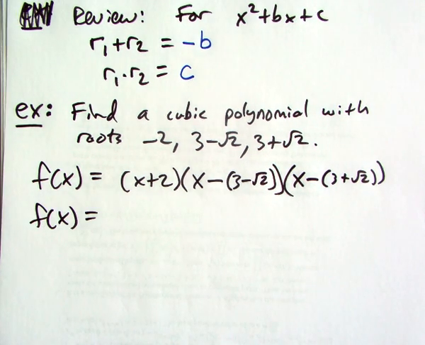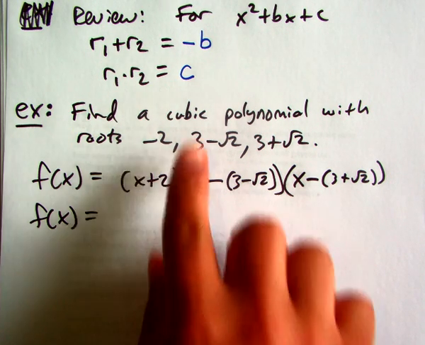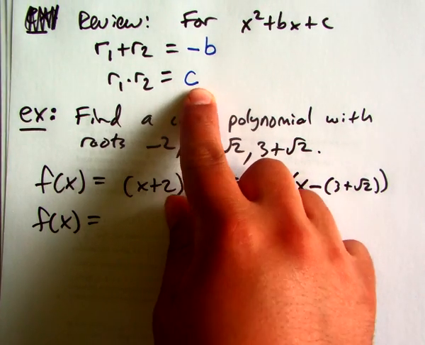You have to eventually multiply this out, right? So now here's what I was going to say. If you remember these shortcuts up here, this makes your life a whole lot easier.